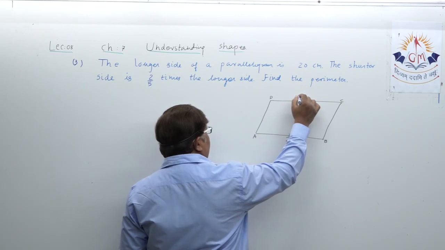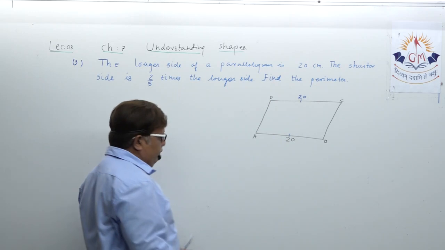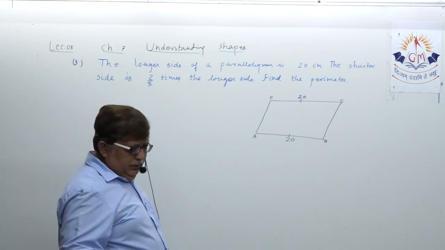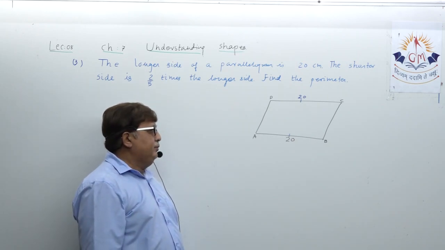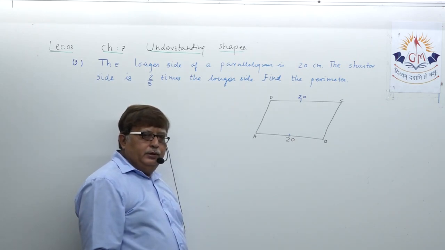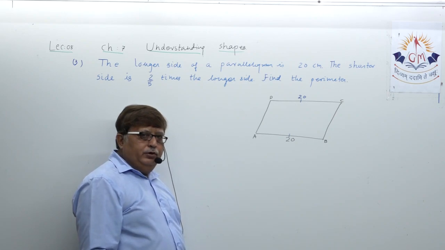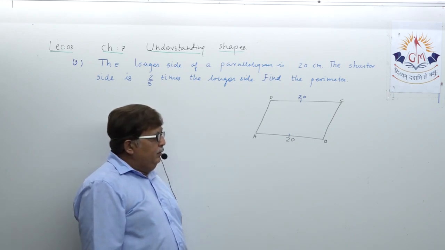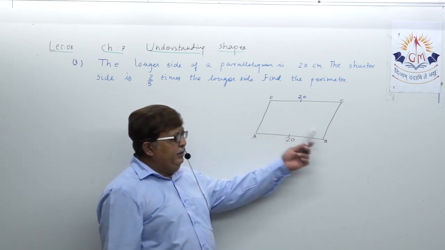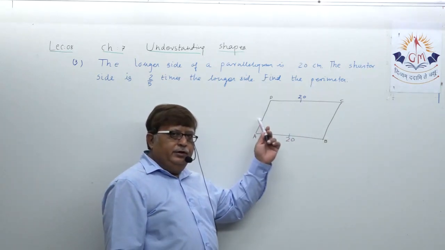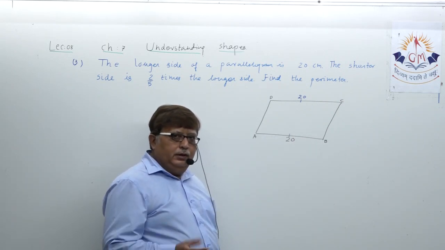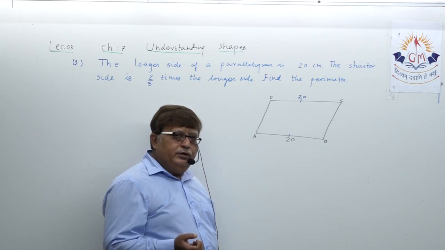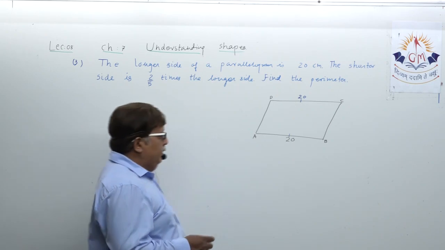So this is also 20. Two sides you already got. Now, what is said? The shorter side is 2 upon 5 times the longer side. Which are the shorter sides? AD and BC. Any one you find, the other is found out, because as you know, opposite sides are congruent.